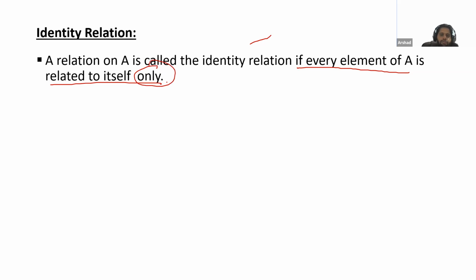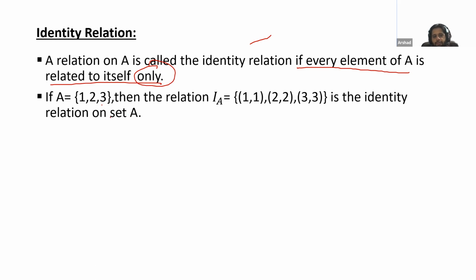So in this definition, they are saying that every element of A is related to itself only. For example, if we have this set, then this relation (1,1), (2,2), (3,3), we will say that this is an identity relation.